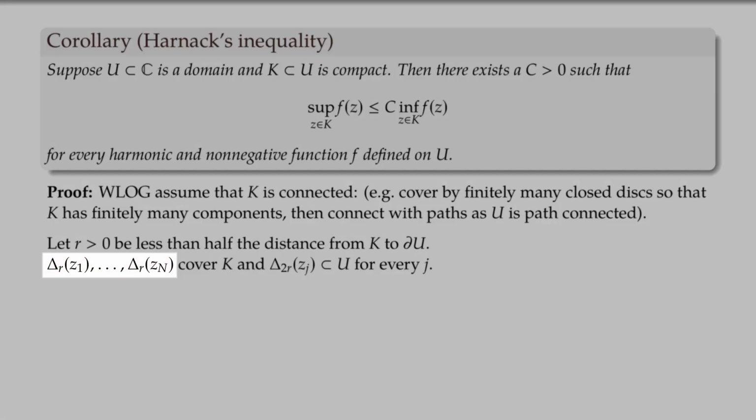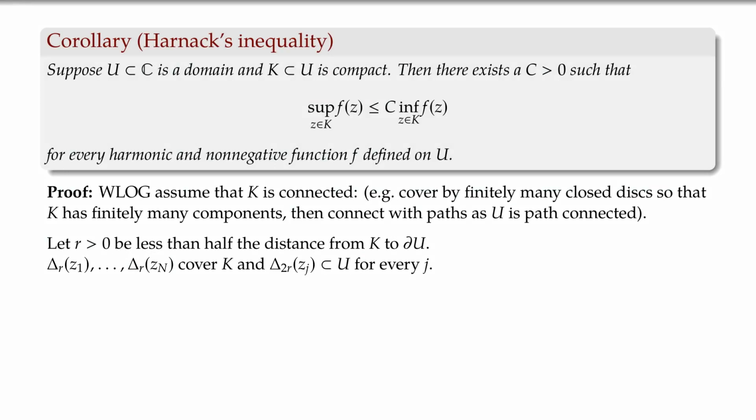Because R is less than half the distance from k to the boundary of U, a 2R disk is still in U, right?